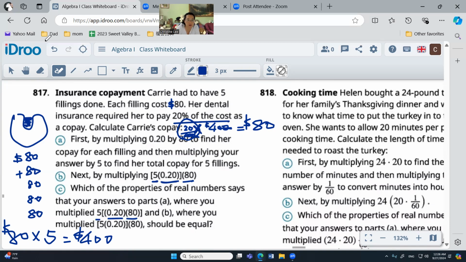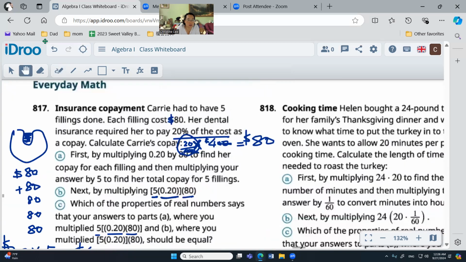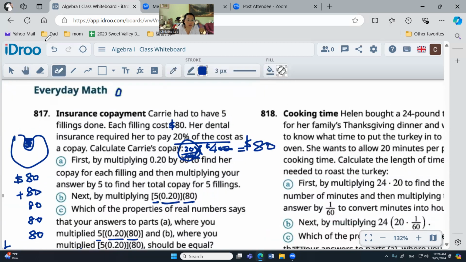So basically, what is this called? This is called associative. A times B times C is A times B times C. If you do it front, you do it back, it means the same thing. It's the same, equal. Okay, so for this question, you have 5 teeth.